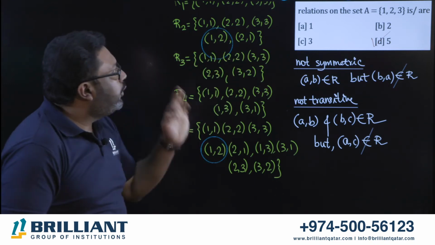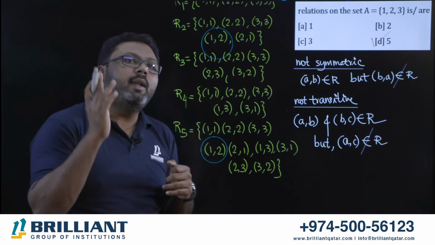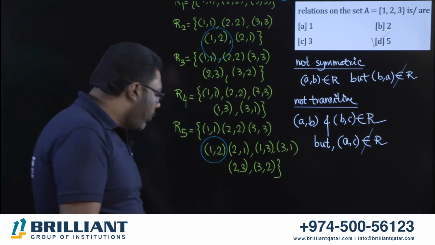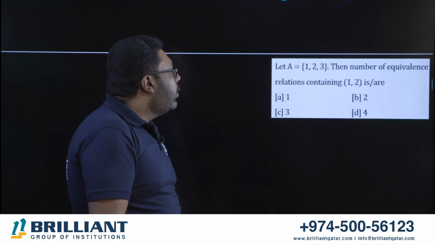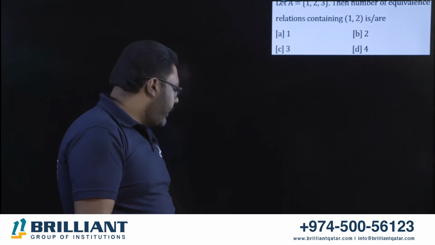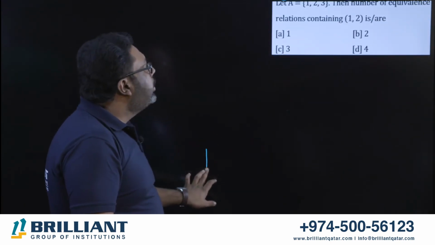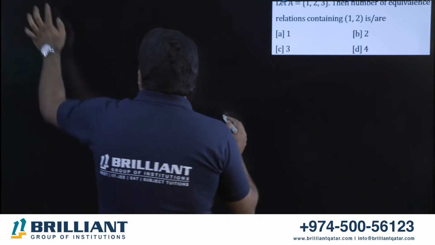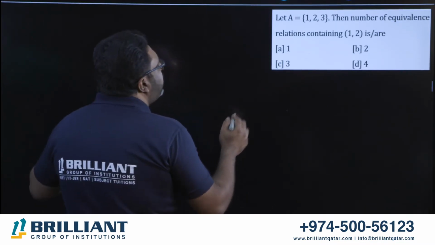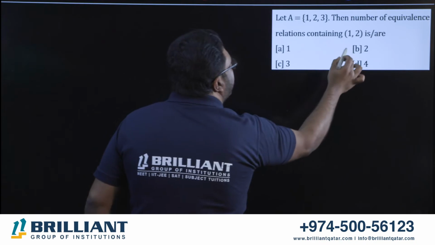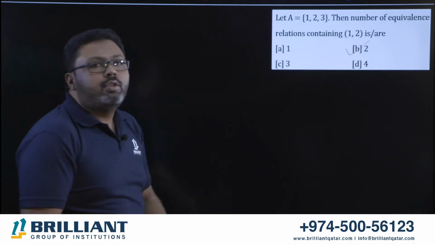From the set of elements 1, 2, 3, how many equivalence relations can you form with the ordered pair 1, 2? How many can you form? Come on. How many can you form, students? You can form only 2 equivalence relations.